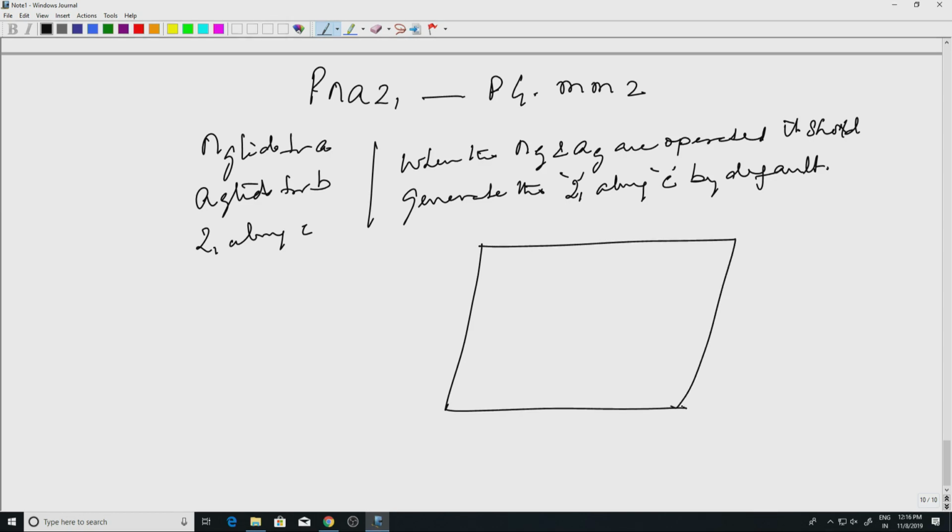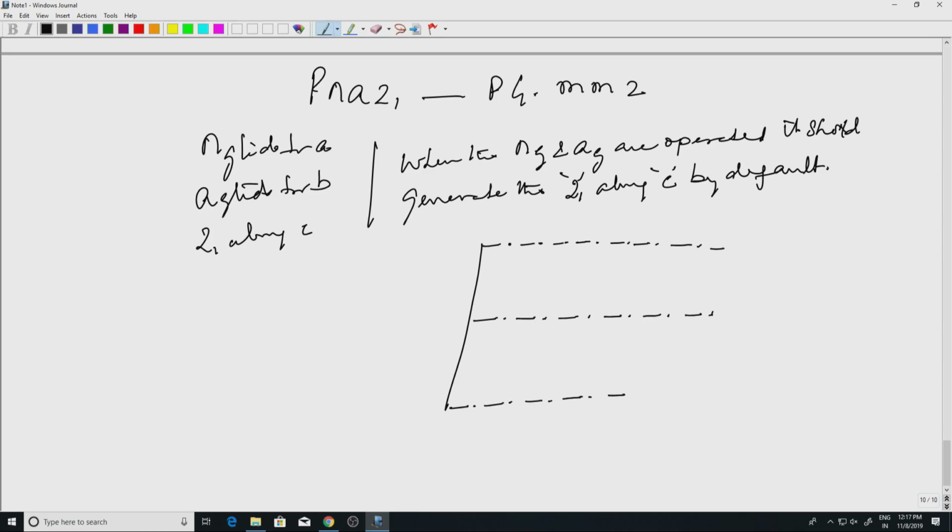Now N glide perpendicular to A. So N glide is a dash and dot. A glide is a dash.